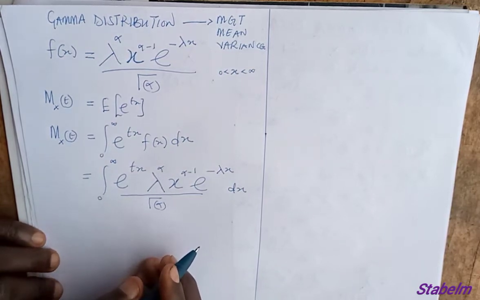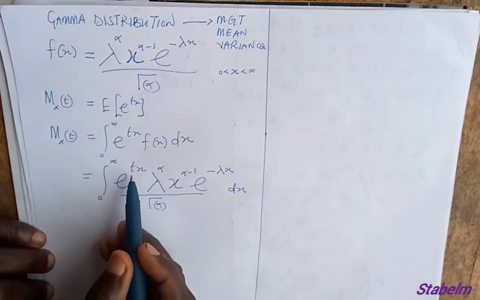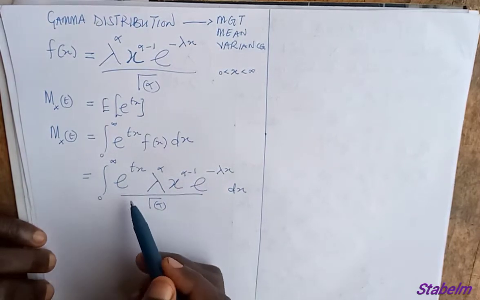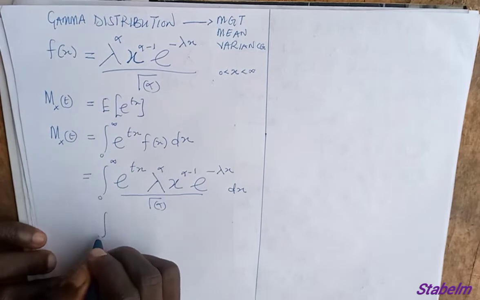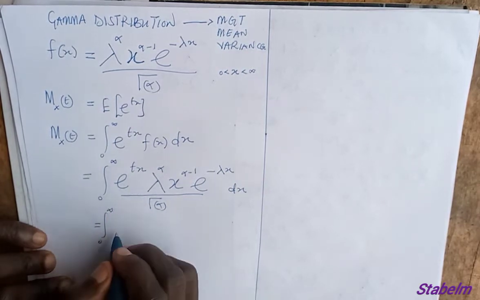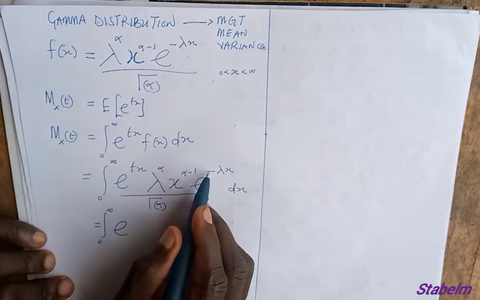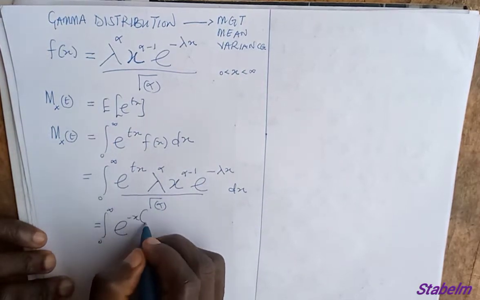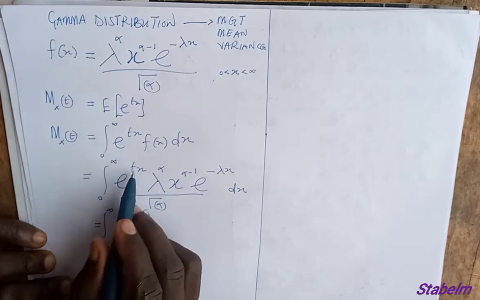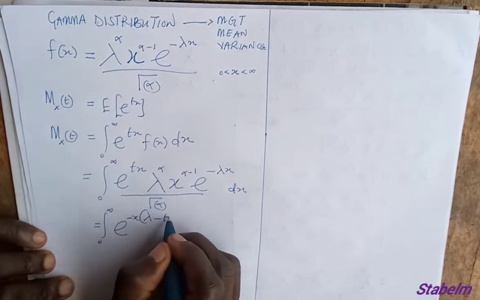So what do we do now? We see that we have an exponential here and another exponential here, so we can join these two exponentials together. We have the same integral from 0 to positive infinity, then exponential. If we factorize, we have minus x into brackets, lambda remains here, and since we factorized minus, this is also going to be minus t.